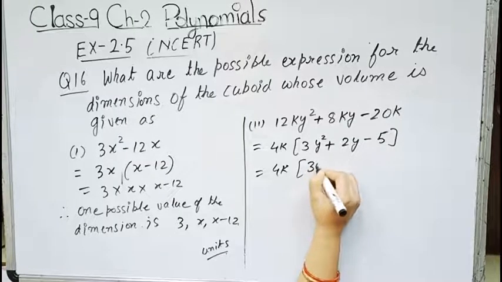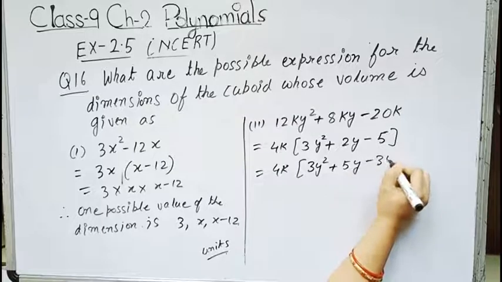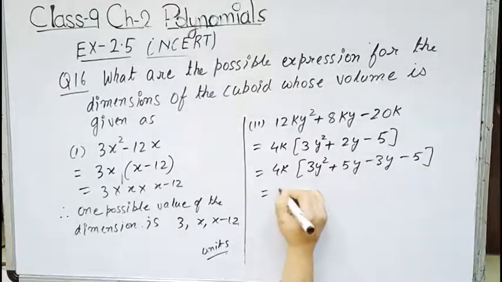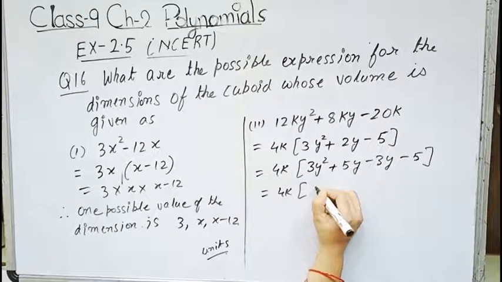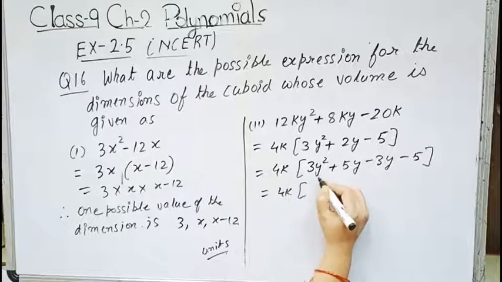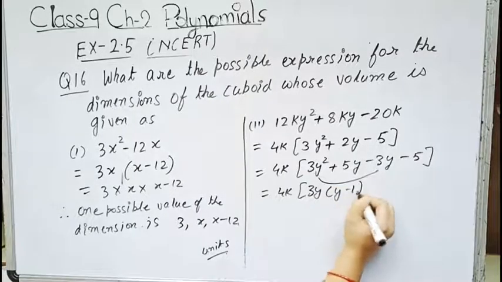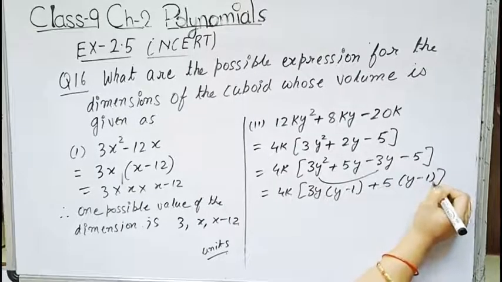So over here 3y square plus 5y minus 3y minus 5. Let us take common from these two, 3y, (y minus 1) plus 5, (y minus 1).